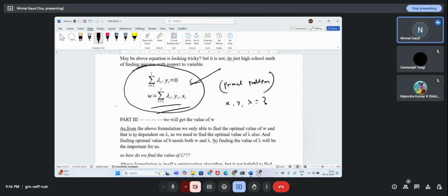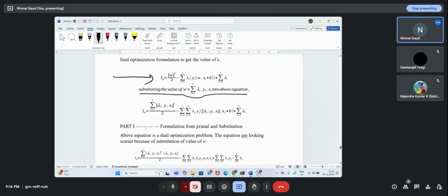So what I will do is put the value of w in the equation, and wherever I get a combination of lambda y equal to 0, I will substitute it again to make it 0. That I will do.